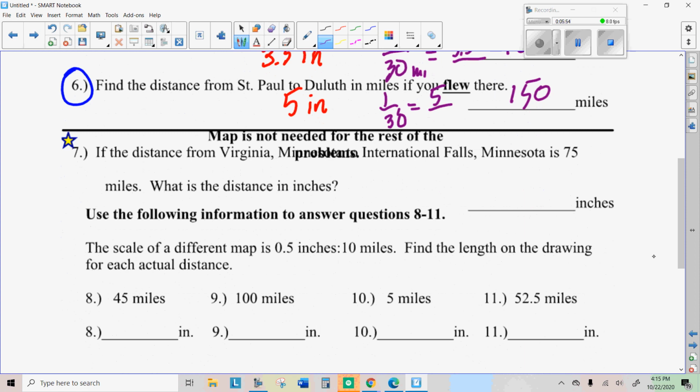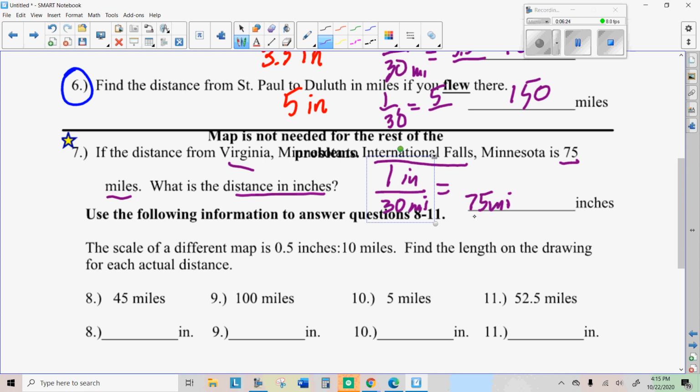So we're just going to set up a proportion given the information. It says, if the distance from Virginia, Minnesota to International Falls, Minnesota is 75 miles, what would be the distance in inches on the map? It's the same type of problem. You would do your 1 inch, 30 miles ratio. And then since 75 is miles, we just put that on the bottom.